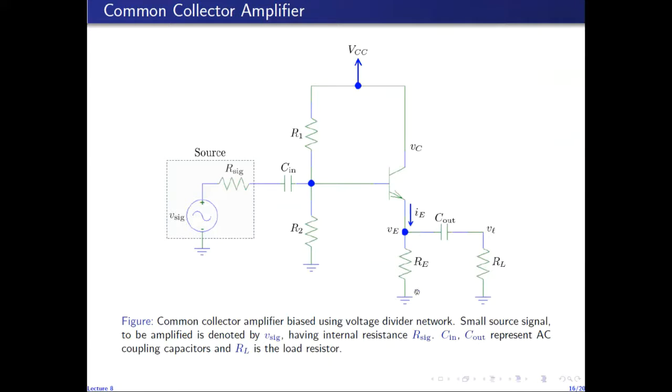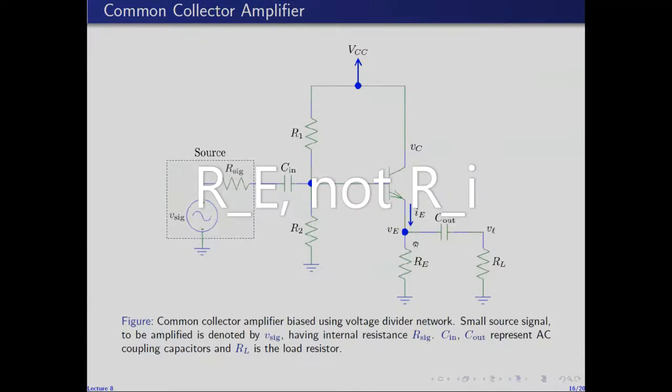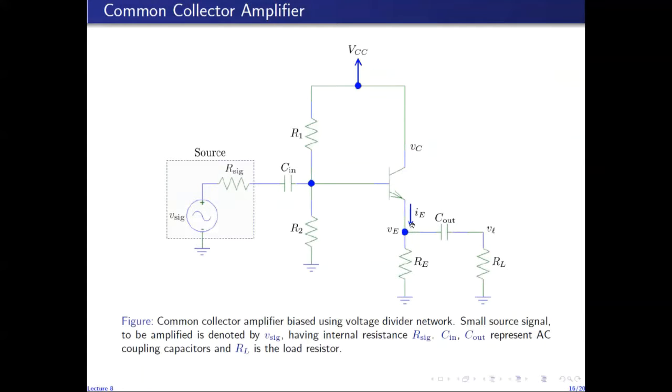The current through RE decreases. And as a result, the total emitter current will decrease, because the total emitter current plus the current through RL equals the current through RE, which means that the total emitter current is equal to the current through RE minus the current through RL.